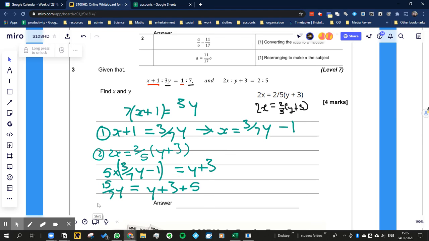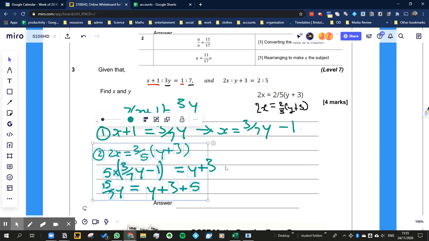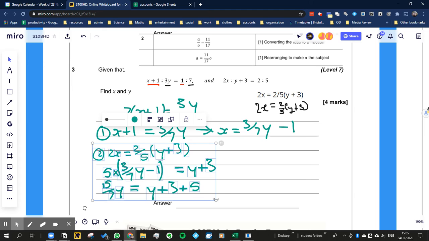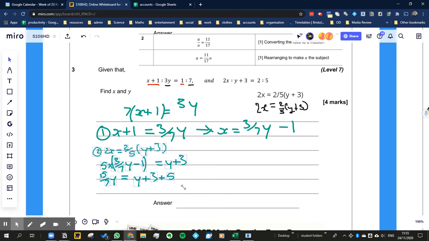In fact, what I'll do now is I'll just shrink this so we have a bit more space to play with. Next thing I would do is take away y from both sides. So this becomes 15 over 7y minus y.